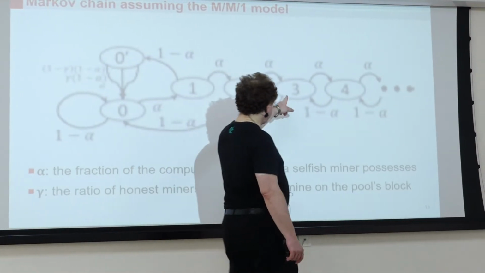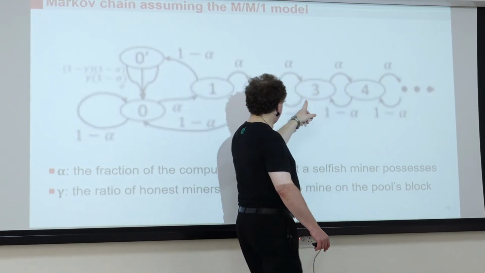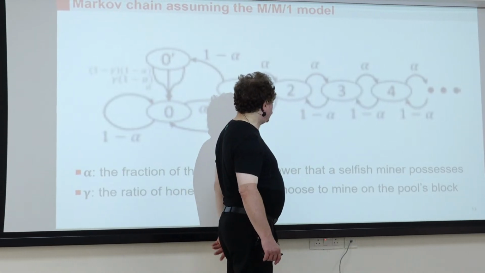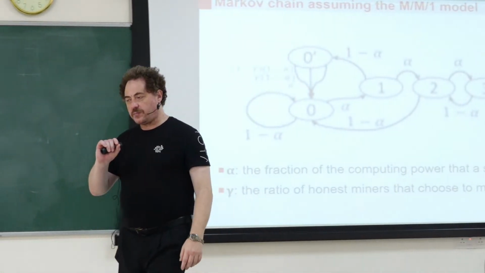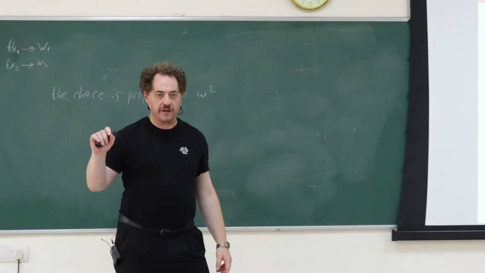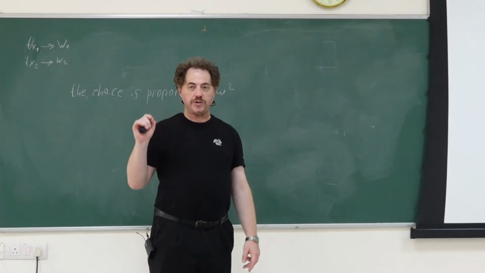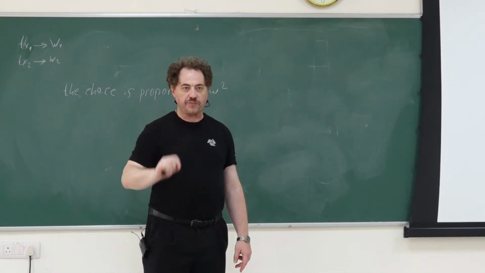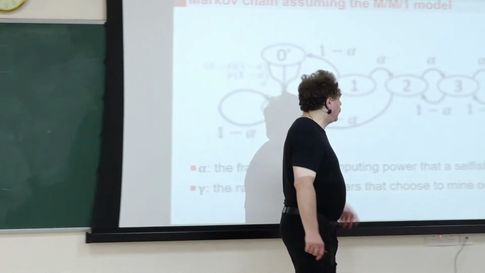If I'm in state 3, then with probability alpha I go to state 4, and with probability 1 minus alpha I go back to state 2 because I release. 1 minus alpha pertains to the case when the honest miner finds a block. And if they find a block, what do I do as a selfish miner? I release just 1 block from the private chain. So now the difference becomes 2.